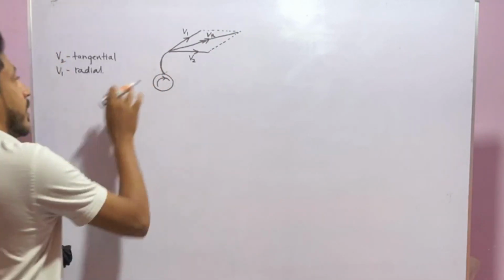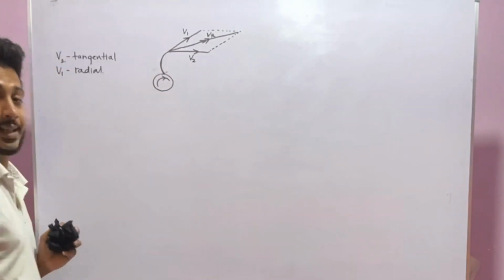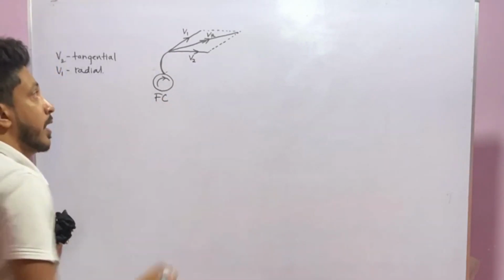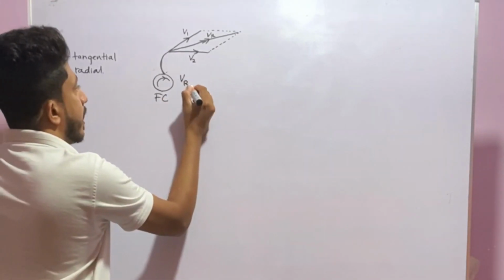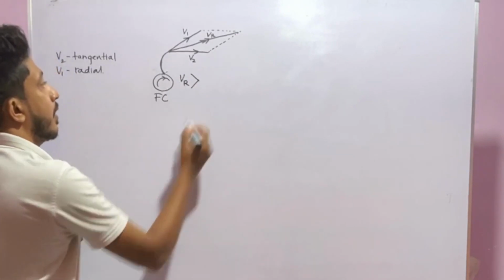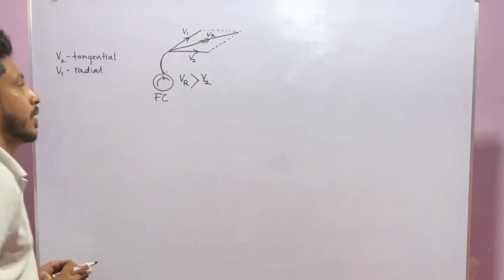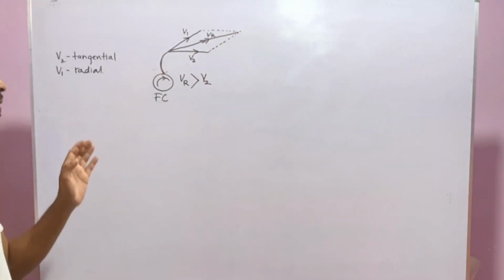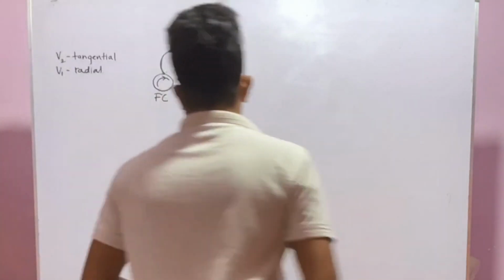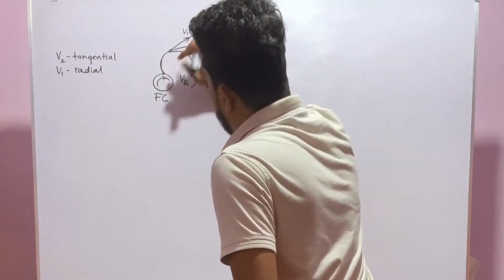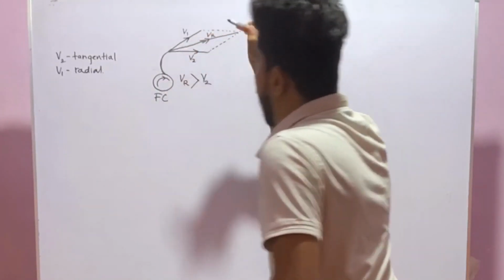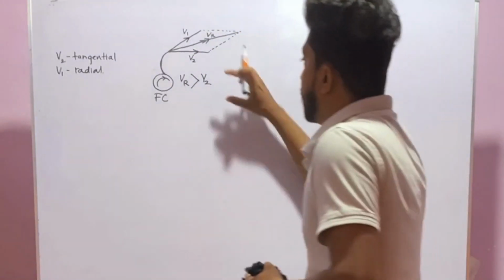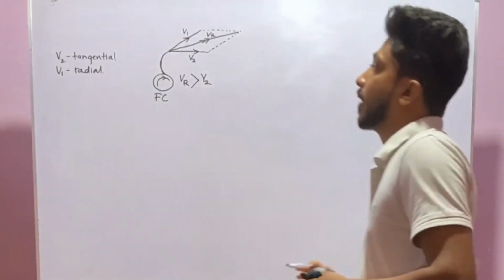So it is very clear, always in the forward curve fan, VR is greater than V2. V2 means the velocity exerted on air particles due to this rotation. That means V2 is equal to the what?